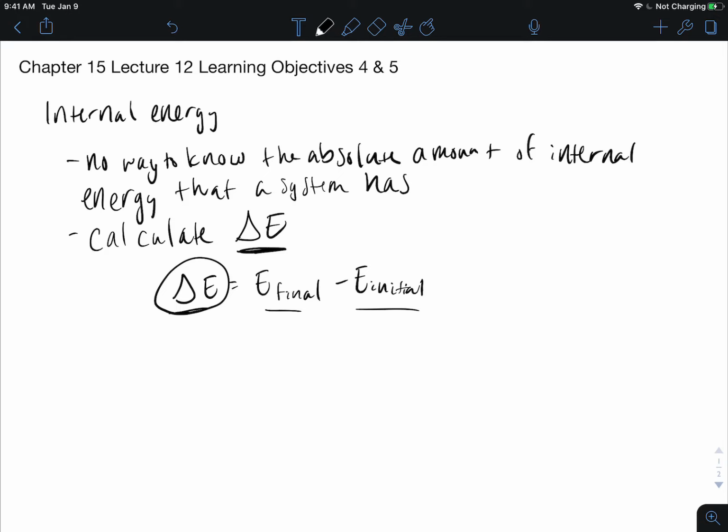Now, as I just said, with a constant pressure system, or state, the heat absorbed or released equals the change in enthalpy.